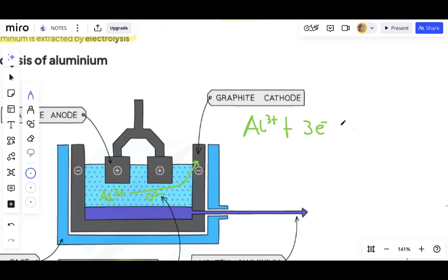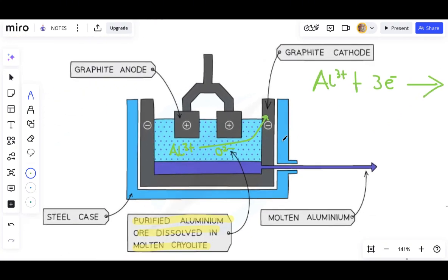So they will gain these electrons and become aluminum, molten or liquid. At this point, the aluminum is liquid because it's in a molten state. So this is produced at the cathode. The aluminum you want to extract is produced at the cathode. This is what happens at the cathode, the cathodic equation.